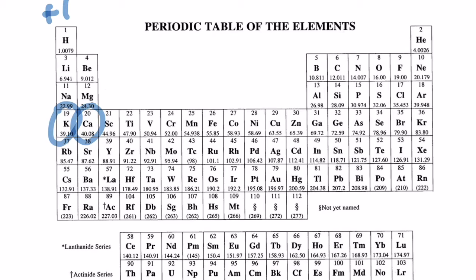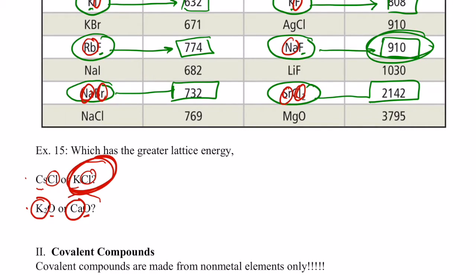Potassium is +1, calcium is +2, plus isn't the calcium ion going to be smaller? So not only does it have a +2 charge, but it also has a smaller radius than potassium, doesn't it? So I would choose calcium oxide as having the higher lattice energy. Therefore, it would have the higher melting point and the higher boiling point.